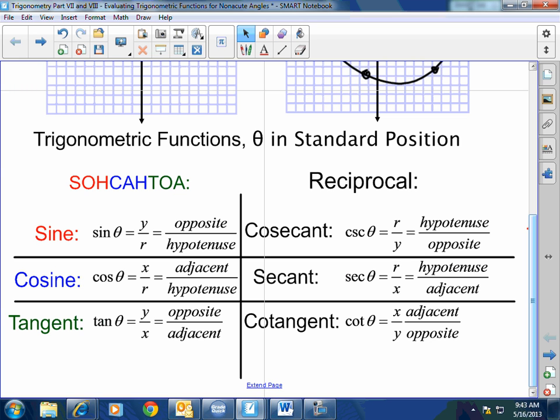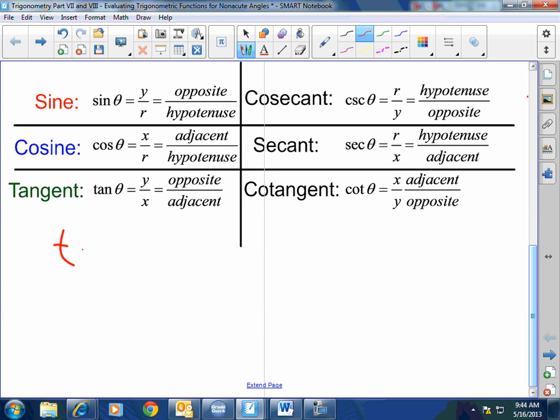Cosecant is the reciprocal of the sine, so it's hypotenuse over opposite, or r over y. Secant is the reciprocal of the cosine, so it's hypotenuse over adjacent, or r over x. And cotangent is the reciprocal of the tangent, which is adjacent over opposite, or x over y. Little hint, remember, tangent equals the sine over cosine.